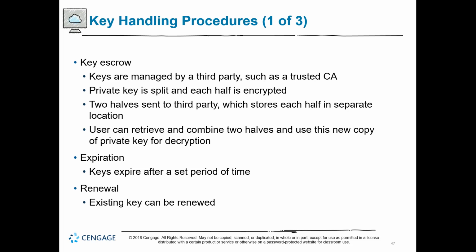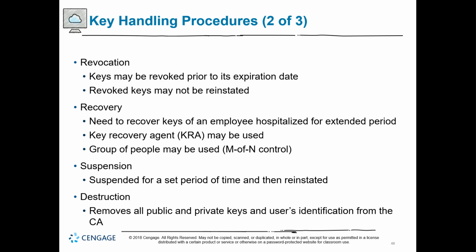Part of the key handling is also going to be expiration and renewal. The expiration is tied to the date. The renewal will be a renewing process for the existing key. That also includes things such as revoking the keys, and recovery of the keys if the key is lost.